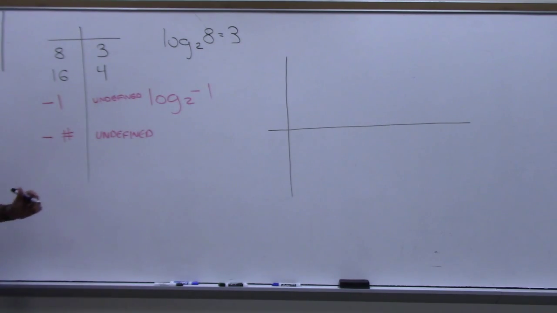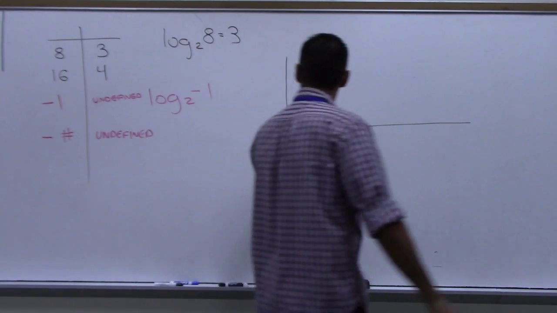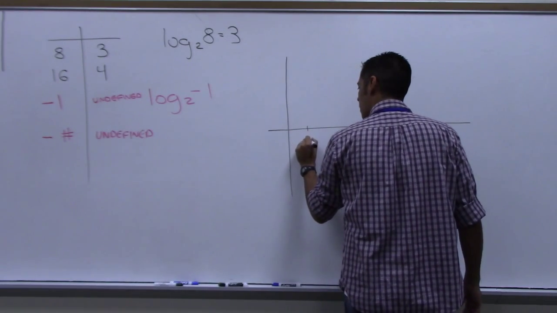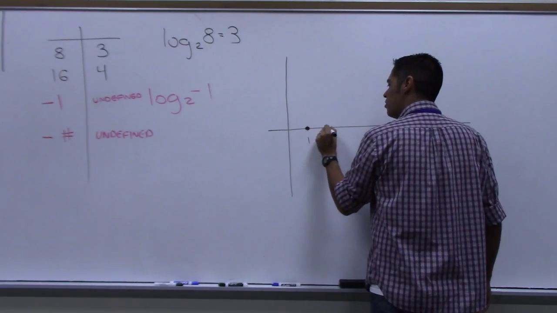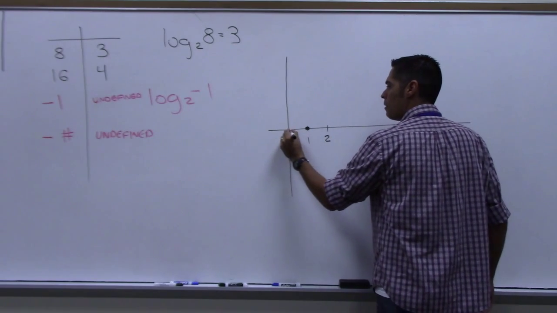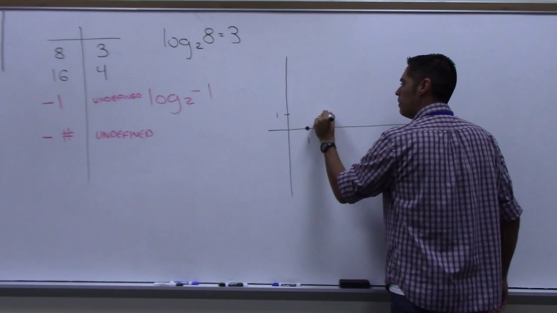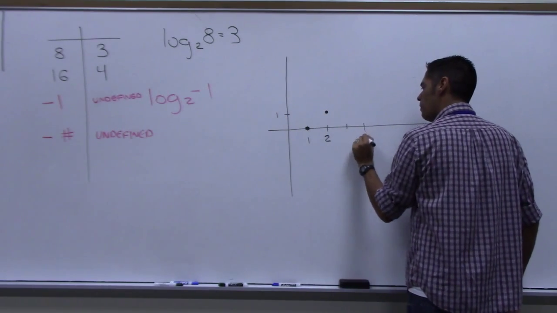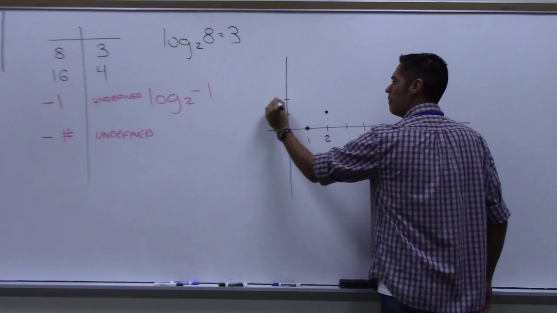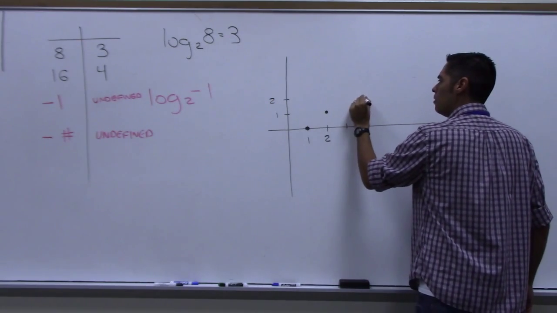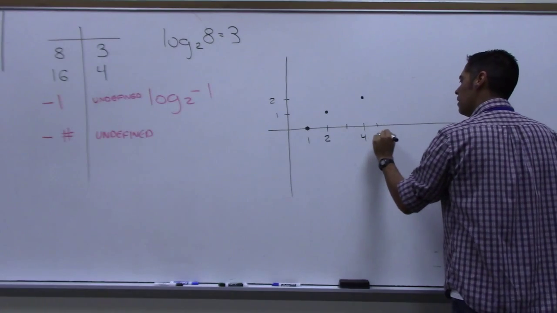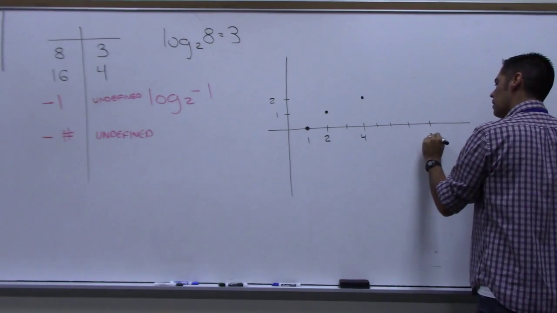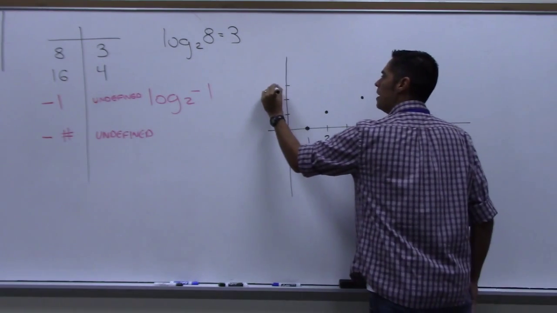When I plugged in 1, what did I get? 0. When I plugged in 2, what did I get? 1. When I plugged in 4, what did I get? 2. The next one I plugged in was 8, and I got 3.